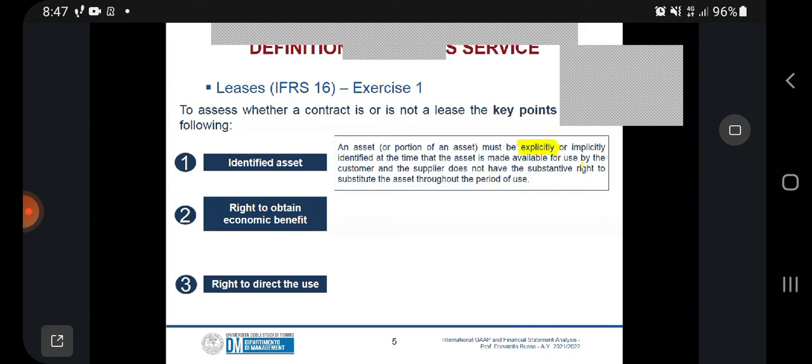Sometimes, and this happens in particular when the asset is under construction, the company signs a lease contract, but the asset, for example a plant, is under construction. So it is not possible to identify the plant in the contract, because the plant doesn't exist yet when the contract is signed. But it is implicitly identified in the contract.